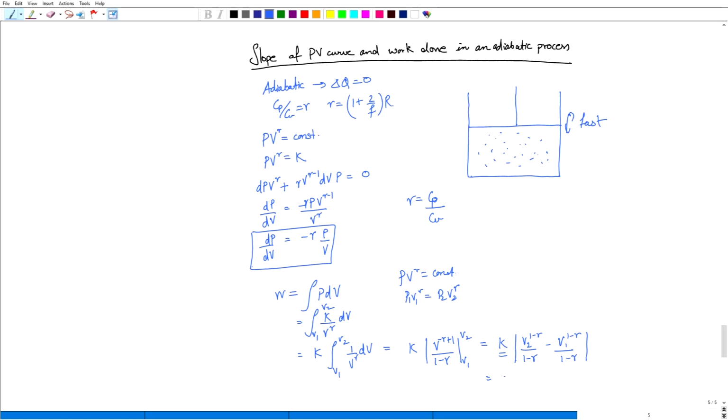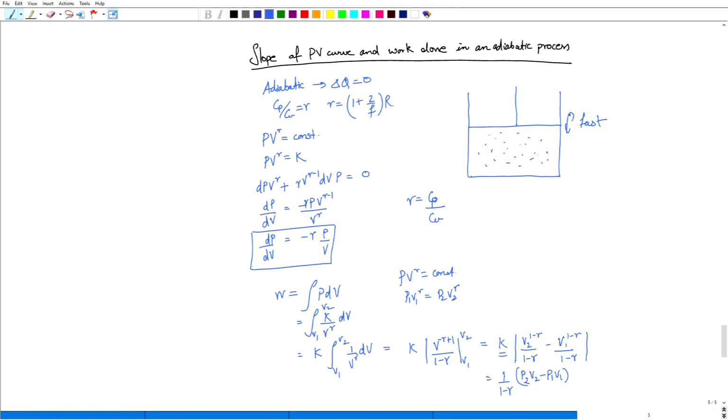So 1 upon 1 minus gamma, that is P2 V2 minus P1 V1. So that is the work done in adiabatic process.